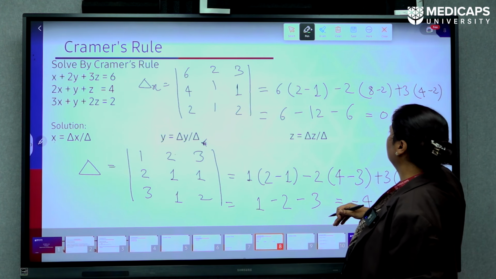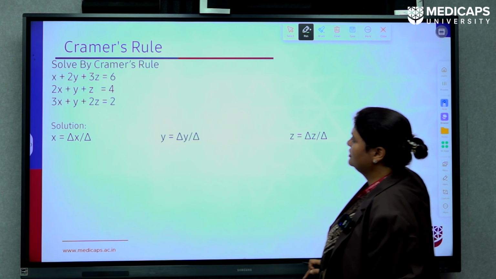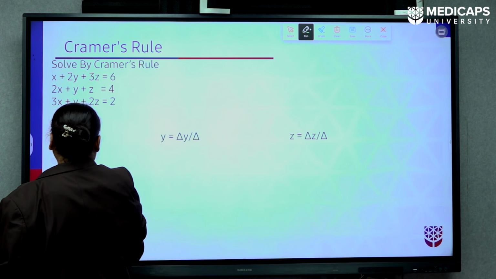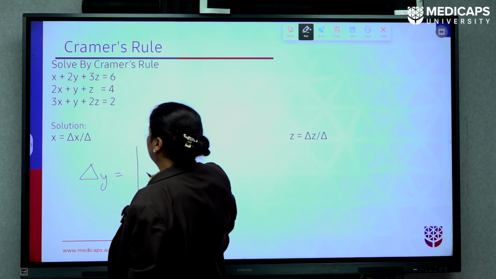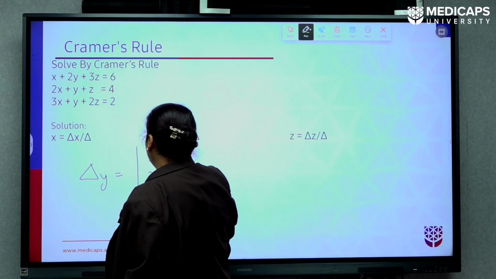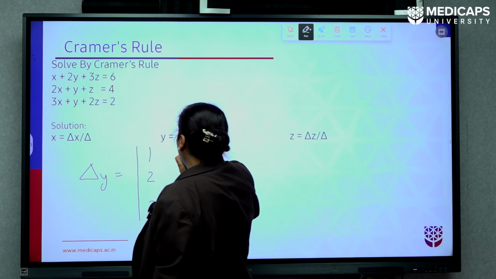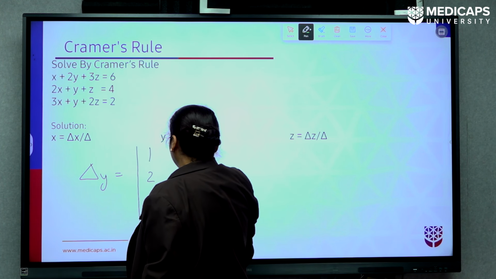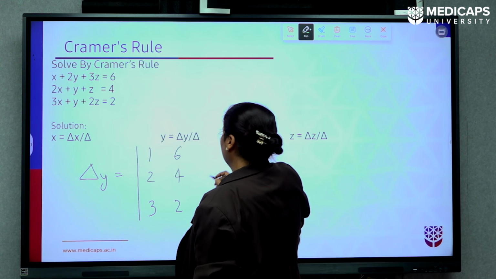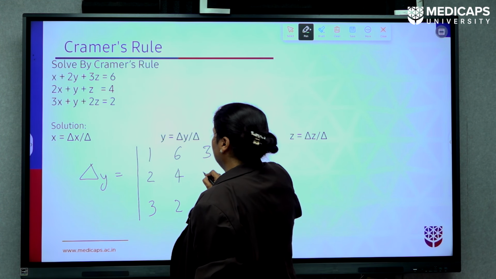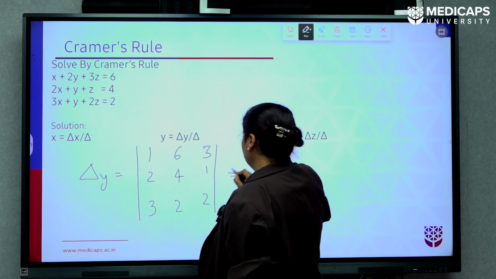Next, we have to calculate del y and del z. In a similar manner, let us calculate del y. For del y, again what we have to do is write down the coefficients of x and z and not of y. Instead of the y coefficient, we write 6, 4 and 2 here, and the z coefficient will remain the same: 3, 1 and 2. So calculate this del y.